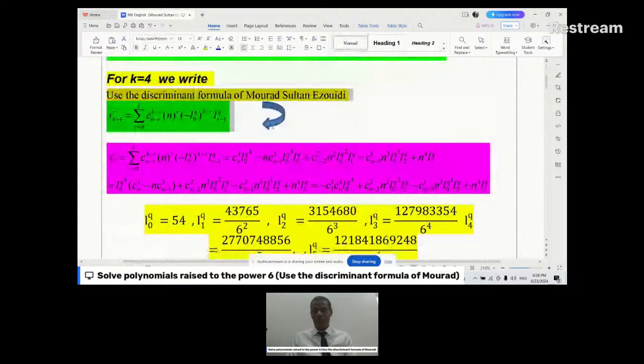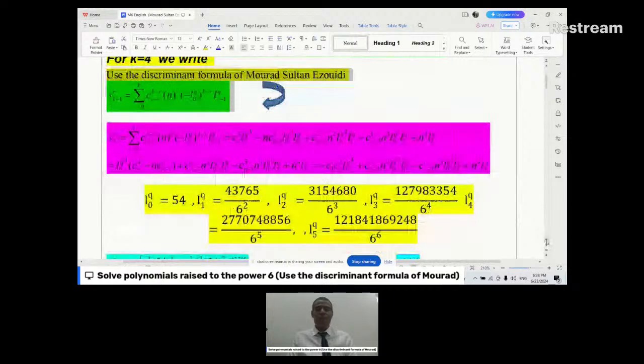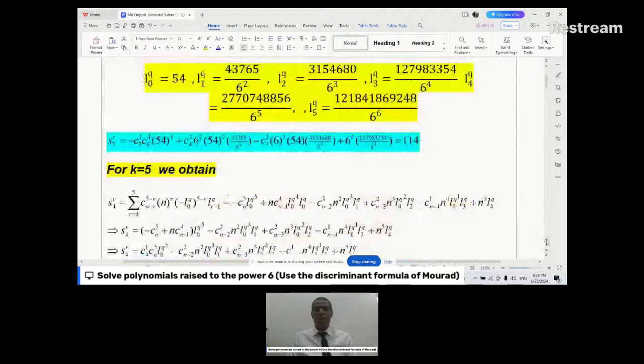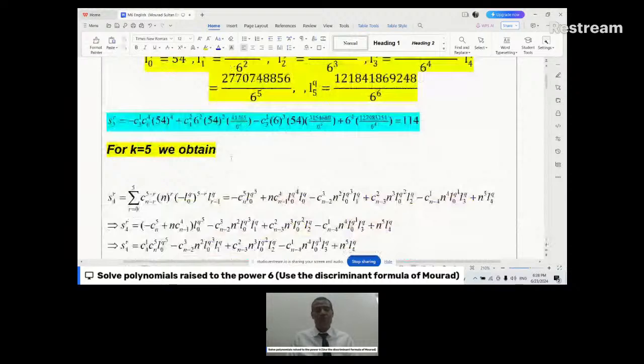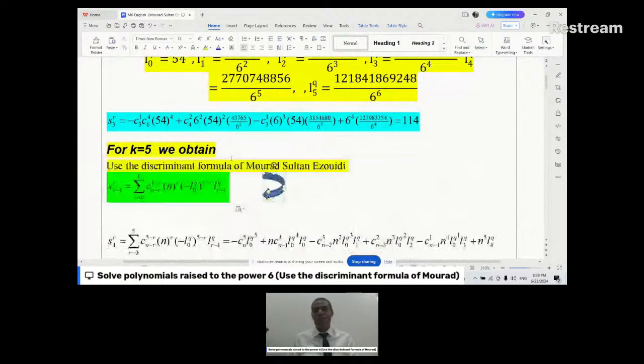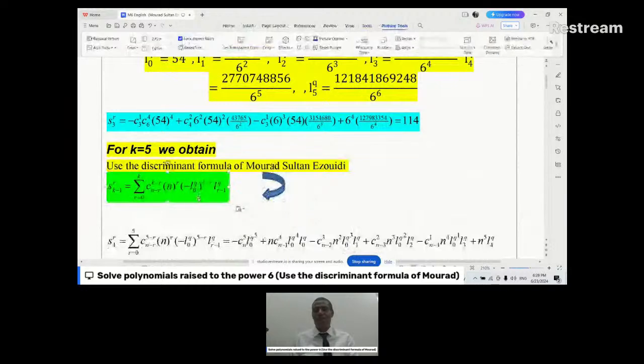Now, learners, we said that if you want to find the value of S4 of order R, you should replace k equal 5 in the discriminant formula of Mourad Sultan Ezouidi. Let's see the discriminant formula.